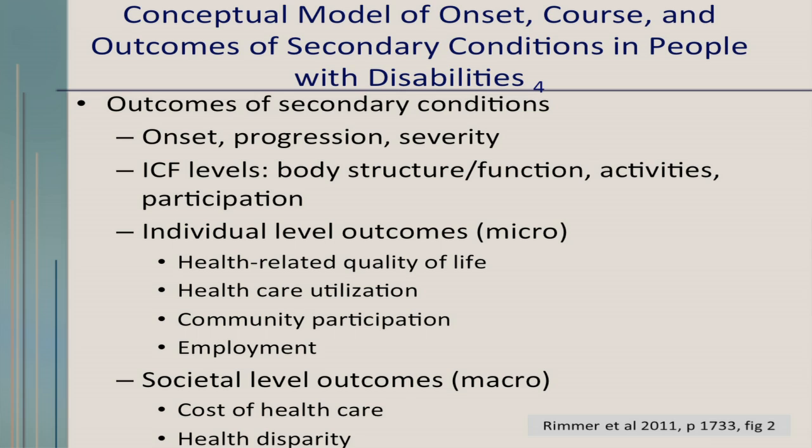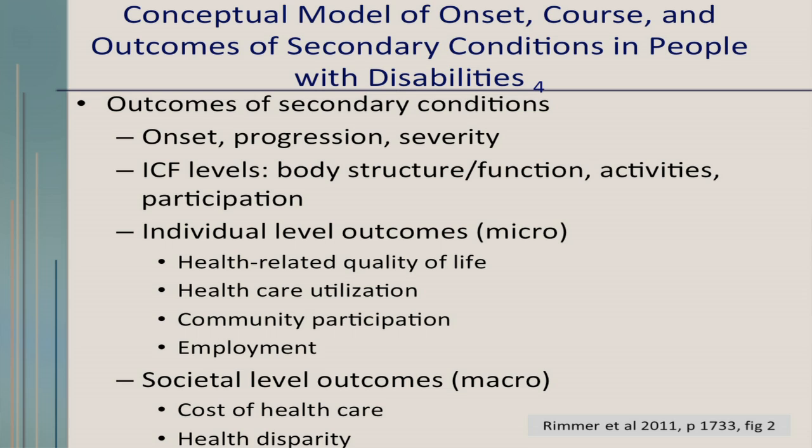From there, he divides things into individual level outcomes or micro level outcomes and societal level outcomes or macro level outcomes. And so at the individual level, we have that person's health-related quality of life. We have healthcare utilization, how much they're utilizing the healthcare system, such as how many doctor's appointments, tests, and things that they're going through. The person's ability to fully participate in the community. Is this person still able to do the things that he or she wants to be able to do as far as leisure activities, volunteer activities, and certainly work?